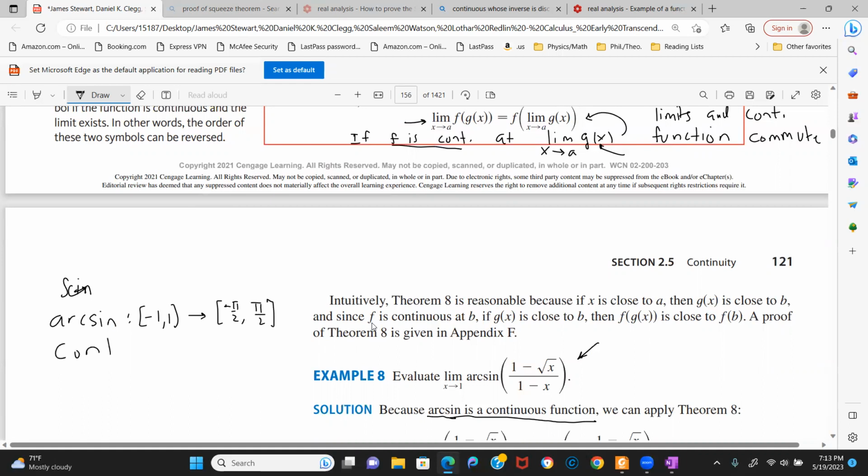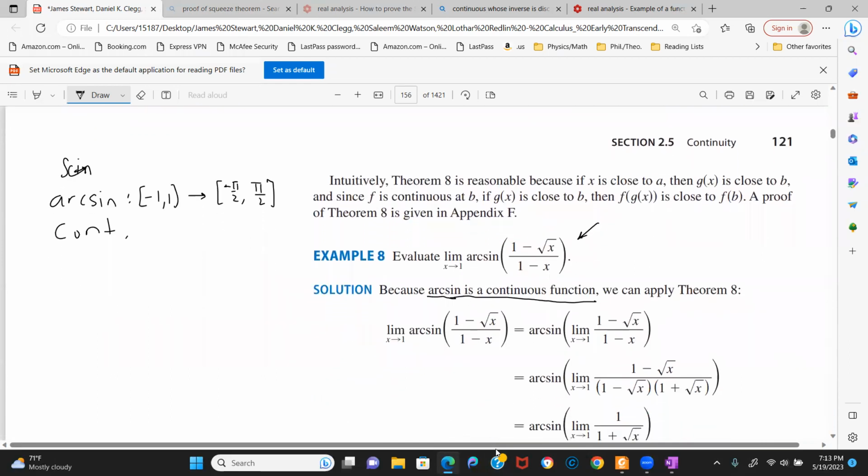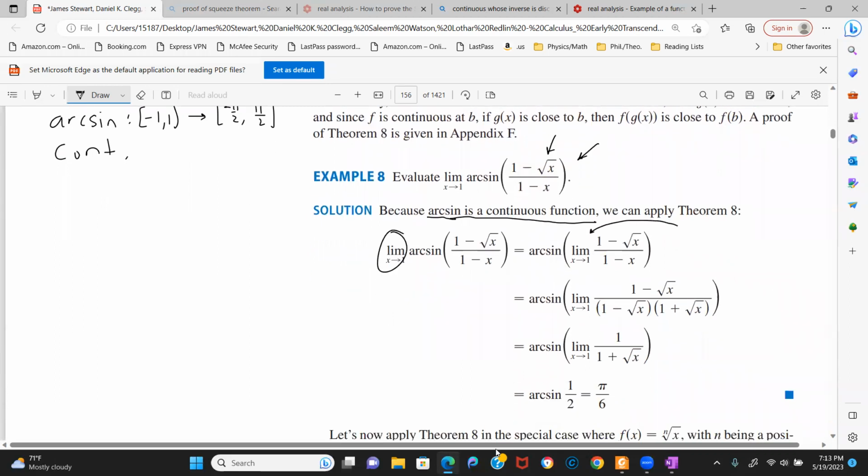So this is continuous, and also this function on the inside of this composition is continuous. So if we want to compute this limit, we can just bring the limit right inside of the composition, inside the arcsine.